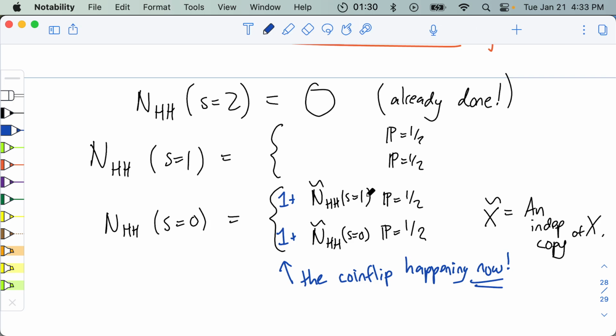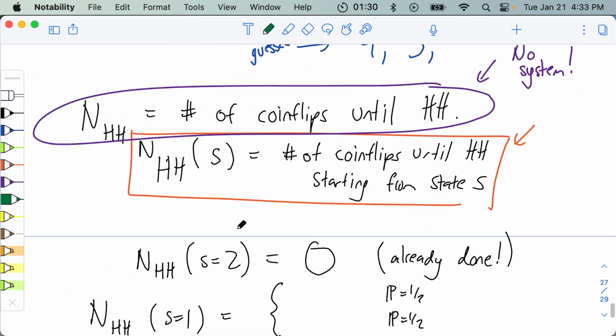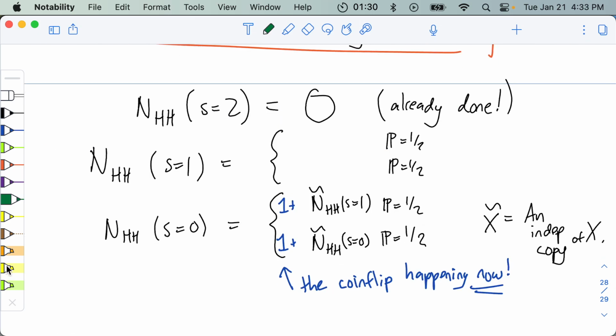And again, we're just going to read off from our little picture, or equally well, we could read it off from the matrix. What is going to happen when you have 1 progress? Well, half the time you're going to move down. That's exactly the same as the situation where you move like that. That'll be this thing on the bottom. So it's going to be a direct copy of this guy.